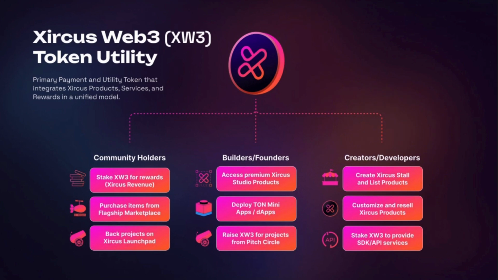By staking XW3, developers can offer these services and potentially earn fees or rewards when others use their SDKs or APIs. So for example, a developer might stake XW3 to provide an API for integrating Circus payments into the mini apps and earn a small fee for each transaction. So XW3 is a utility token that makes this collaboration possible.